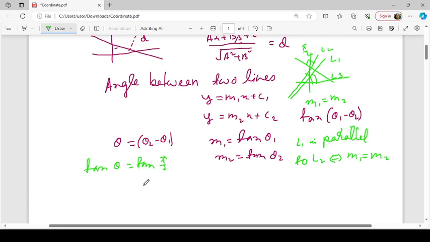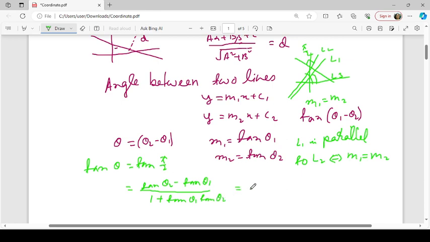Then if we use the formula, tan of theta 2 minus theta 1 is tan theta 2 minus tan theta 1 divided by 1 plus tan theta 1 tan theta 2.